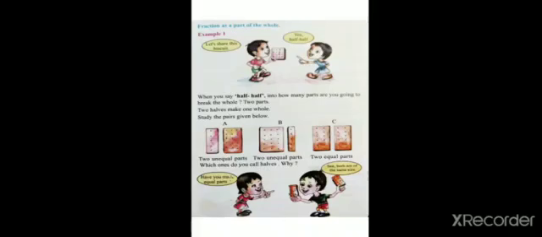If they are of different size, suppose one is bigger and one is smaller, suppose your bread is bigger and your brother's bread is small, or your bread is small and your brother's is big, then we do not call it half.